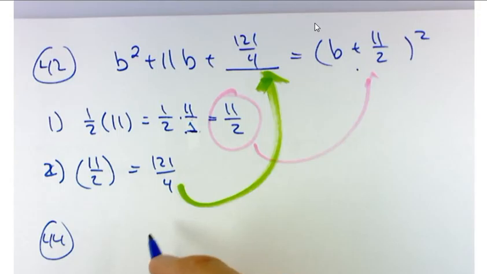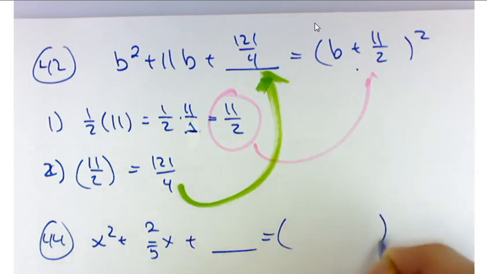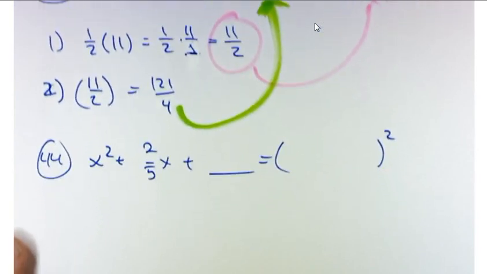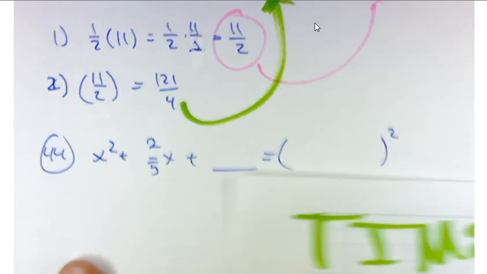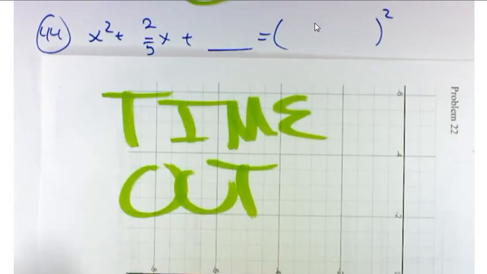Problem 44. X squared plus 2/5 x. I would suggest that you simplify when you multiply the 1/2 times that middle coefficient.